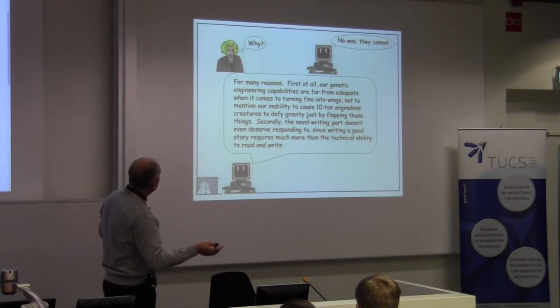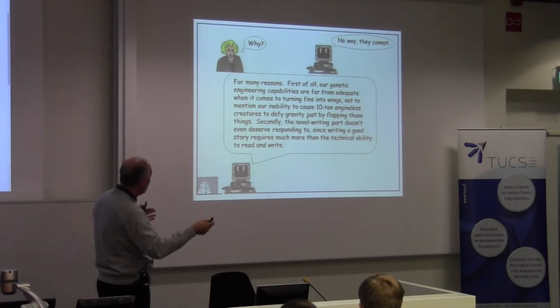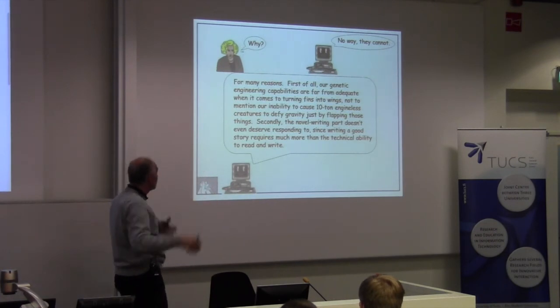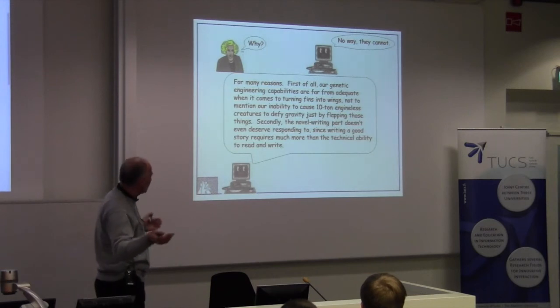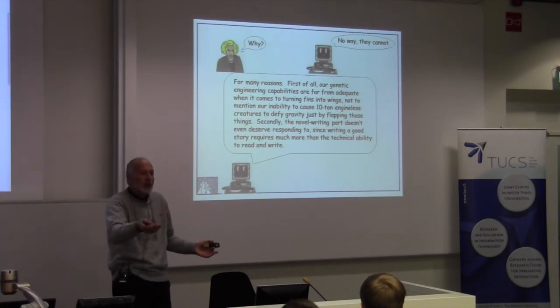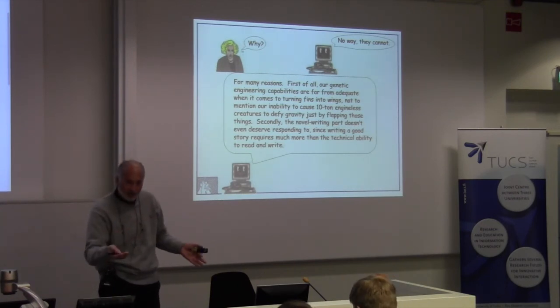First of all, our genetic engineering capabilities are far from adequate when it comes to turning fins into wings, not to mention our inability to cause 10-ton creatures to defy gravity by flapping those things. Secondly, the novel writing part, that's crazy. It doesn't even deserve responding. Even if you were able to teach it to read and write, writing a story as a whole, don't you have anything more interesting to talk about?